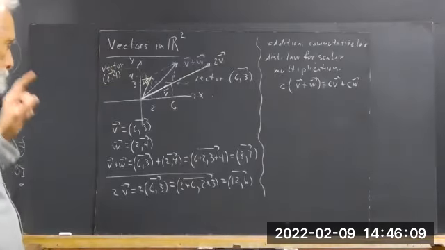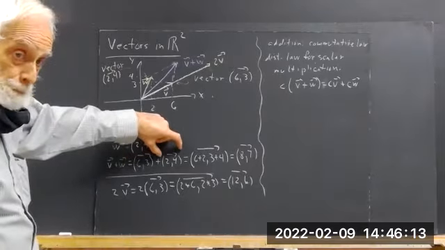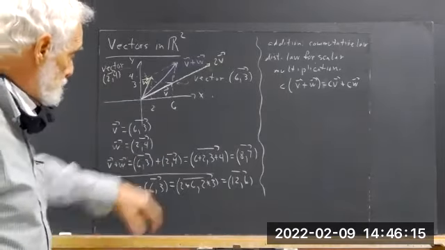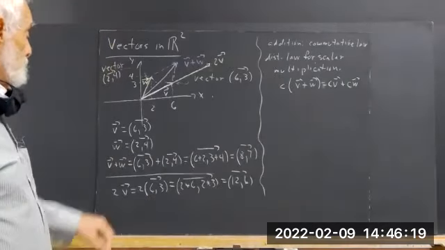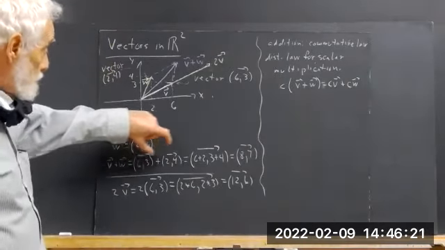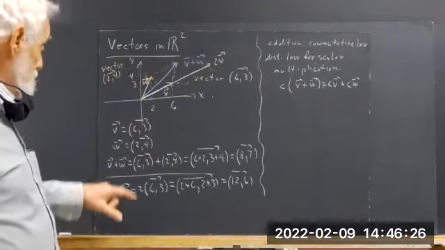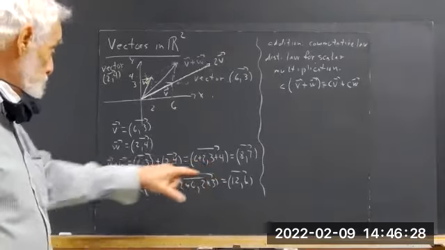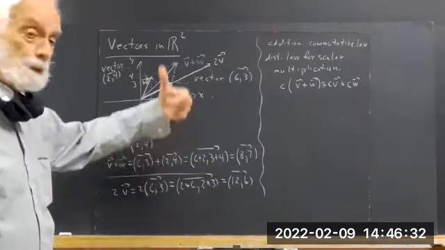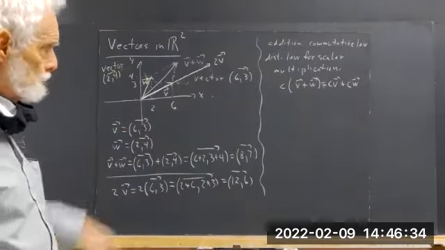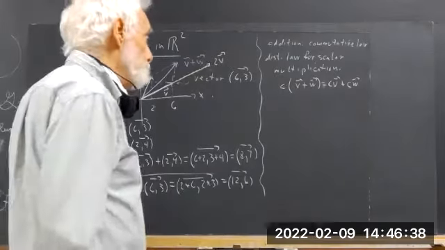It's pretty obvious that if I did 2 times this sum, of course, it would give me 16, 14. Now, if I do 2 times this vector plus 2 times this vector, it's going to give me the same thing. 2 times this vector is 12, 6. 2 times this vector would be 4, 8. 12 and 4 gives me the 16 I mentioned before. So you can write that out. It's very simple. Look at the examples.